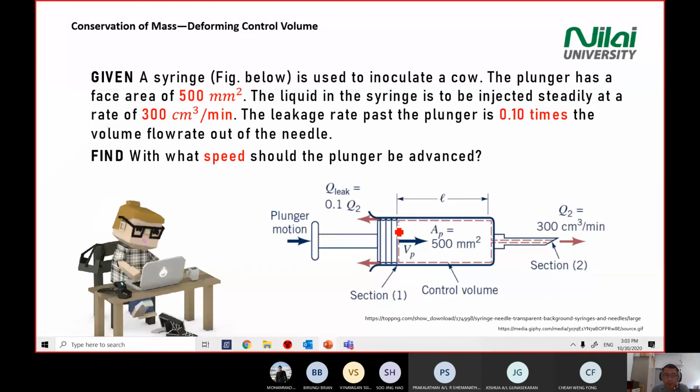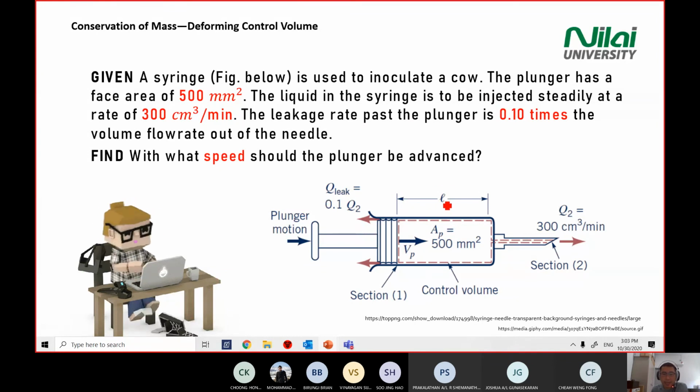When you draw, make sure your friend is able to understand also, so when we check your answer, we know what you're talking about. So draw the syringe, you don't need to draw so detailed. Just sketch it out, and then you have the control volume, and input all the parameters there.